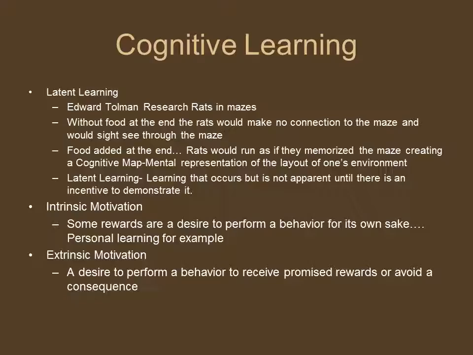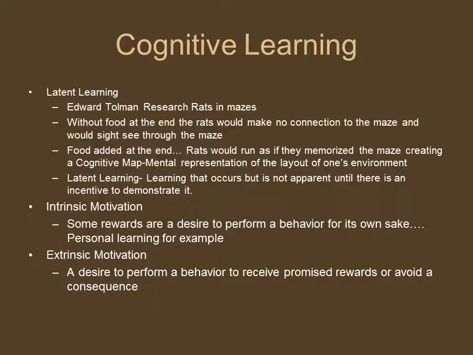However, when food was added at the end, the rats would run as if they had memorized the maze, creating a cognitive map. The first time they saw the food, they were like, wow. The next time they went through the maze, they thought, well, maybe there's food at the end. So they started creating a cognitive map that there must be a reward at the end of this maze.